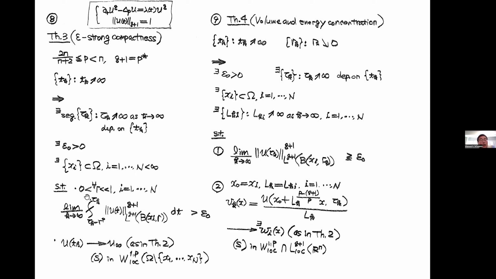For any small number r, and for any i from 1 to n, we have this formula: the limit inf as k tends to infinity of the time-space integral mean of the q plus 1 integral in the ball with center xi and radius r, over the time interval from tau k minus r to tau k, is larger than epsilon naught.